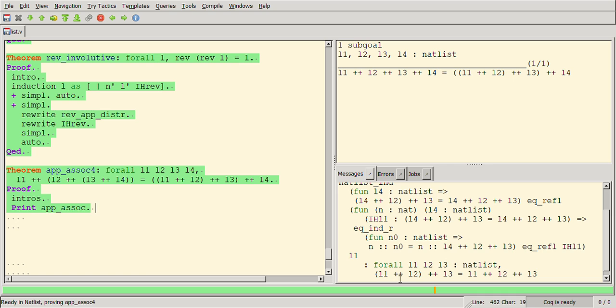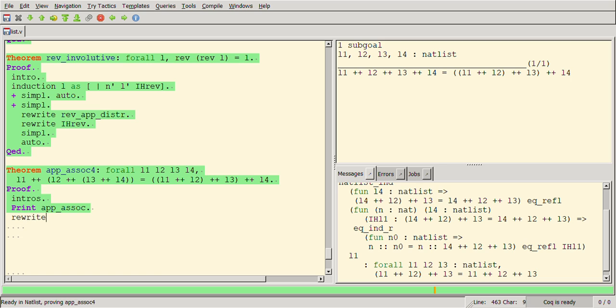For any 3 lists, the parentheses can be removed. So the parentheses are on the left hand side. This is equal to adding the parentheses on the right side, but the parentheses on the right side are not visible because the notation for the plus operator has been defined as right associative, so that's why they're not there. So we can rewrite this append associative theorem or lemma.